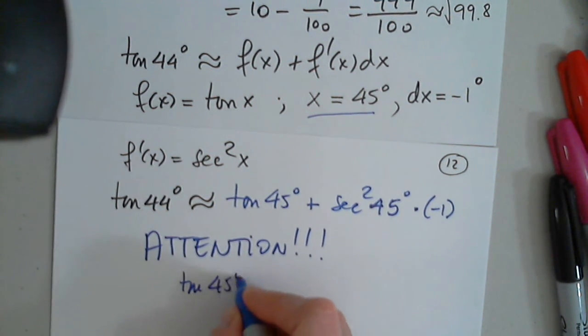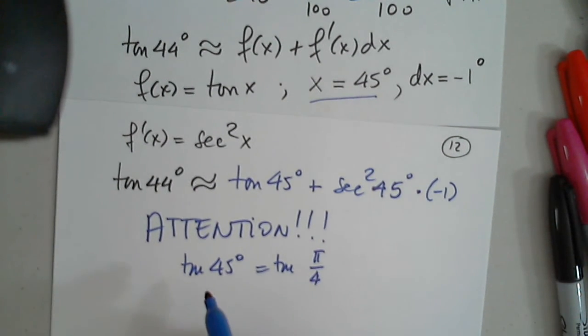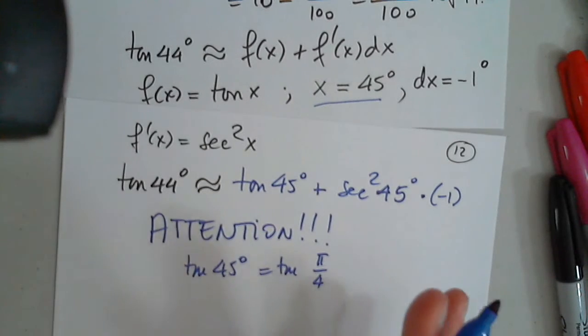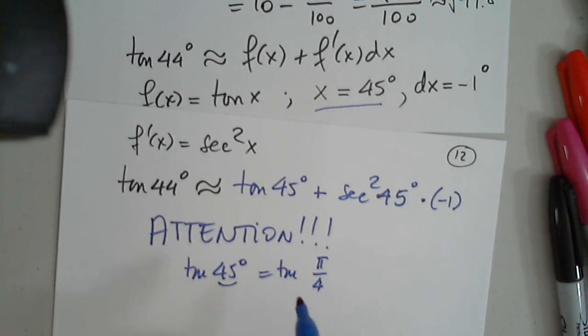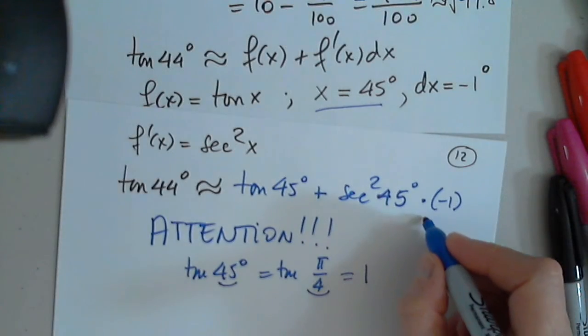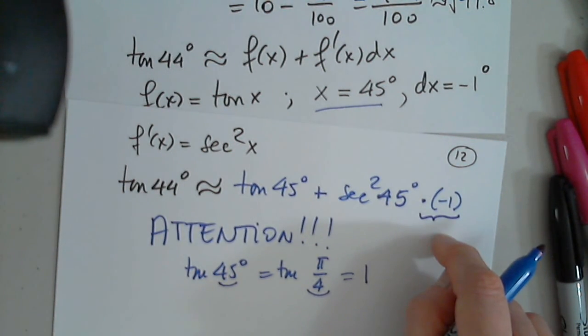Tangent of 45 degrees is the same as tangent of pi over 4. It doesn't matter, in the calculator or anywhere, if I put degrees inside of a trig function or I put radians inside of a trig function. The answer will be the same. But if degrees are outside of a function, I cannot use it.